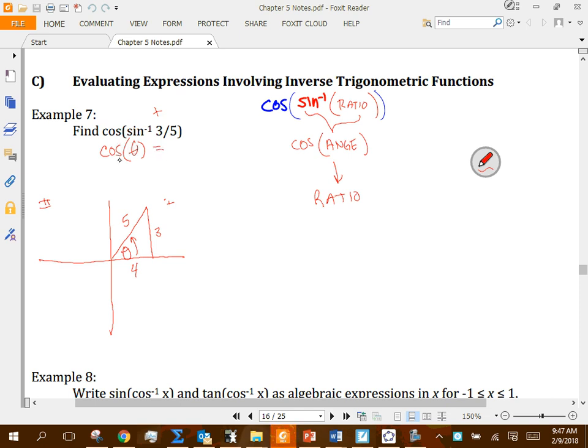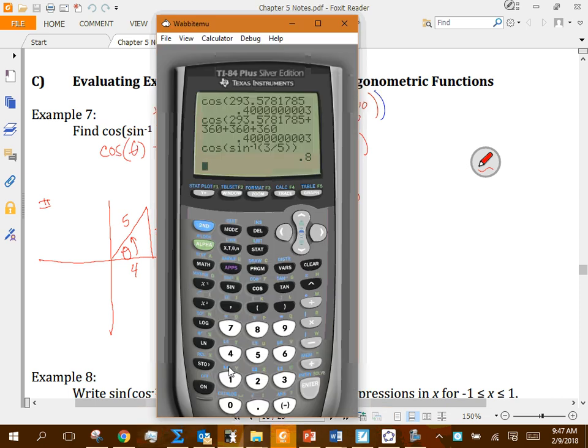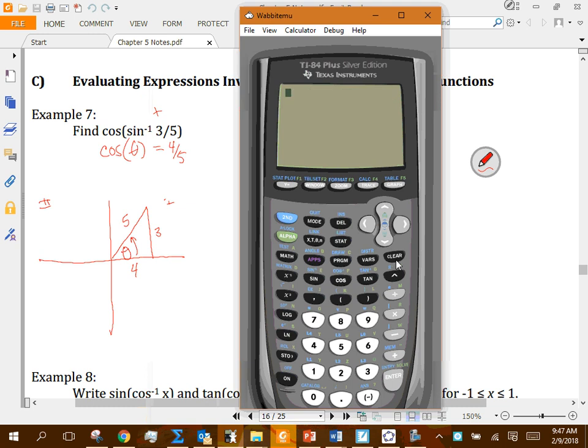Okay. So what is cosine? Cosine is adjacent divided by hypotenuse. Do you see where we get our 0.8 then? Doing it this way with the calculator, when we went sine inverse of 3/5, that's the theta that our picture is showing, right?